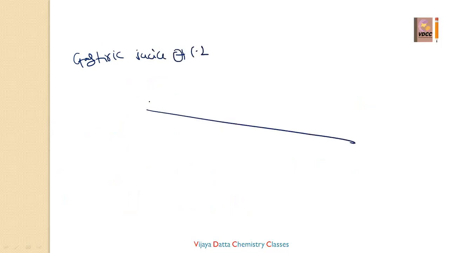See, the pH of gastric juice is 1.2. So it is an acid. See here, this is 0 to 14, with 7 in between. These 0 to 7 are acids. 7 to 14 are bases.